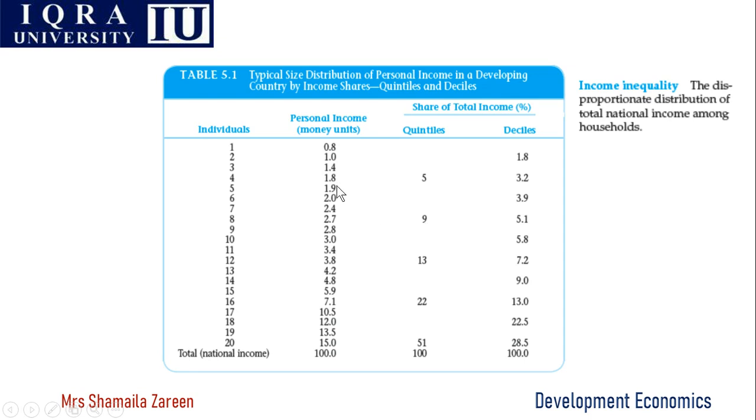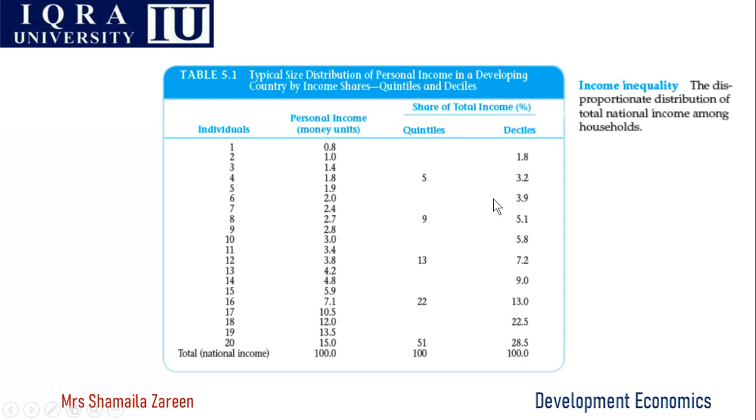If you go from 1.8 until 2.7, you will get 9. Alternatively, the bottom 40% of the population is receiving only 14% of the income. If you add these 20% and these 20%, 5 plus 9 is 14.